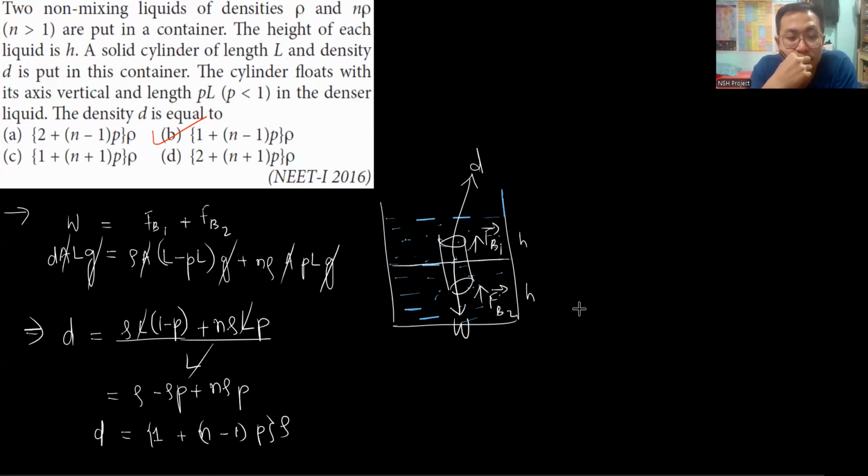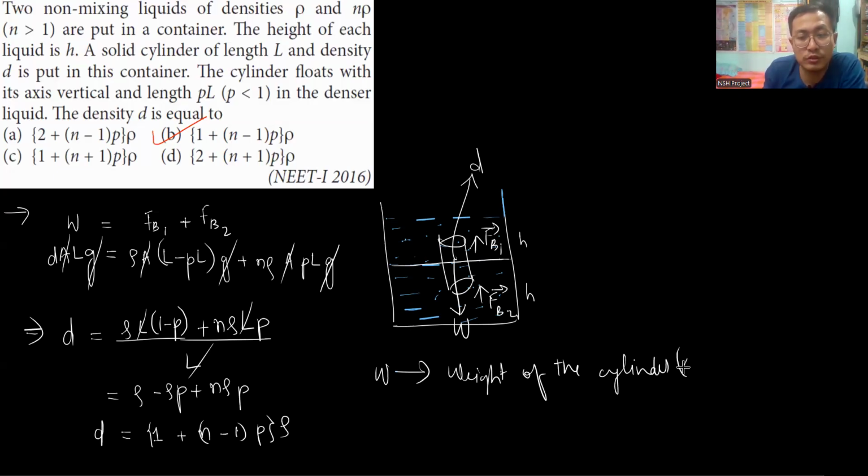Here W is the weight of the solid, that is, the weight of the cylinder, which is a solid.